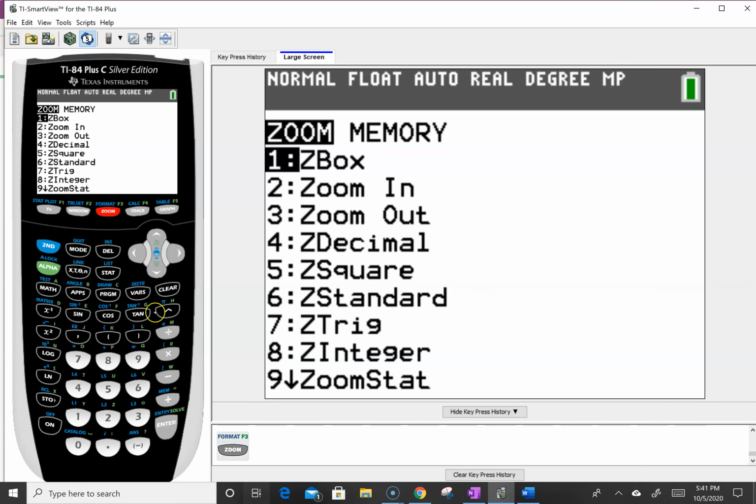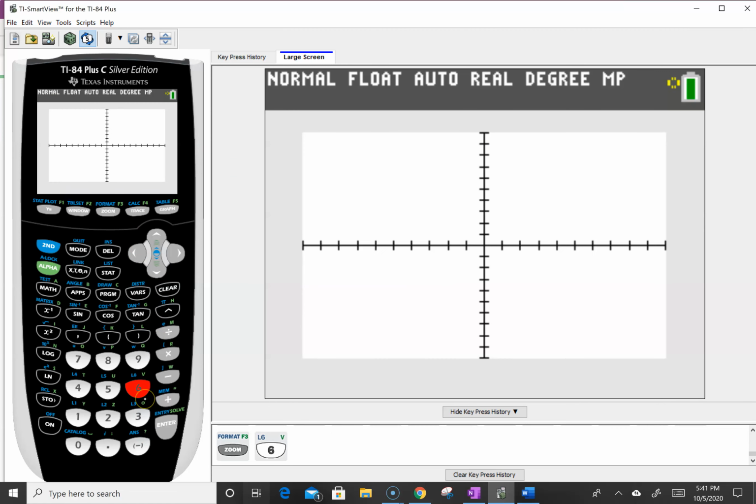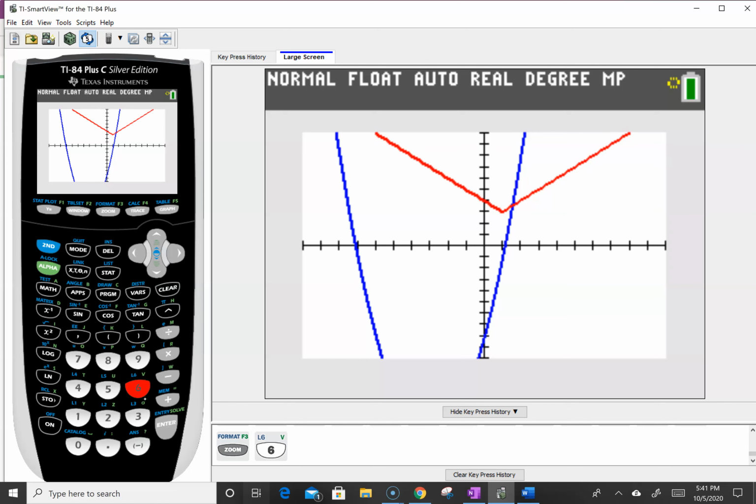I always want to start with the standard window, so zoom 6. There's my parabola. And where's my absolute value? There it is. Okay, now I can see one of the intersection points, but I can't see the other. So before I change anything, I want to figure out this intersection point here before I start moving things around.